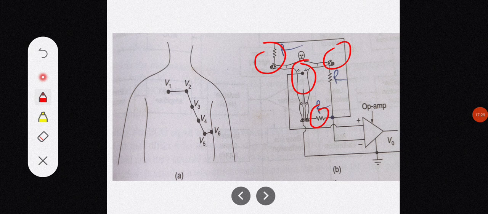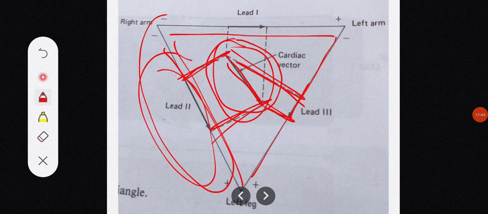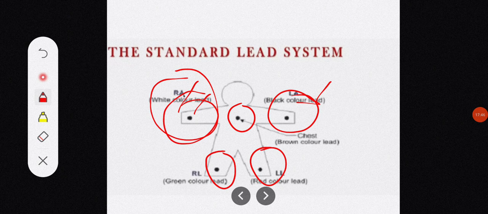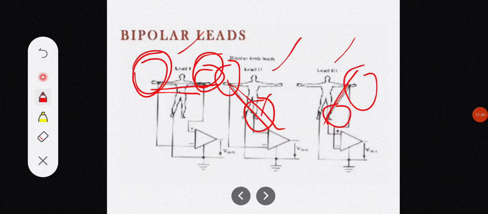Now, as you can see here, how many electrodes are used? In total, 1, 2, 3, 4, 5. All total 5 electrodes are being used for recording the electrocardiogram, and different lead combinations are taken out. For lead 1, we need the ECG recorded from lead 1 combination, from lead 2 combination, and from lead 3 combination.